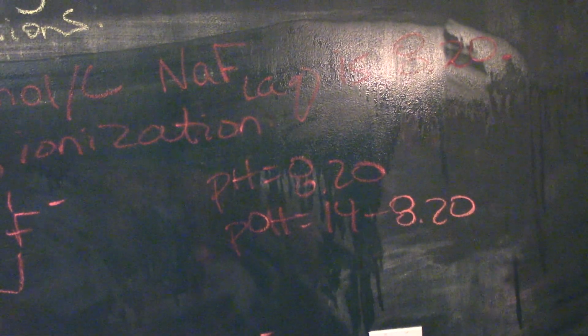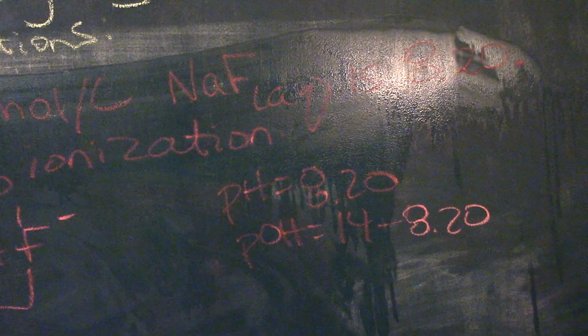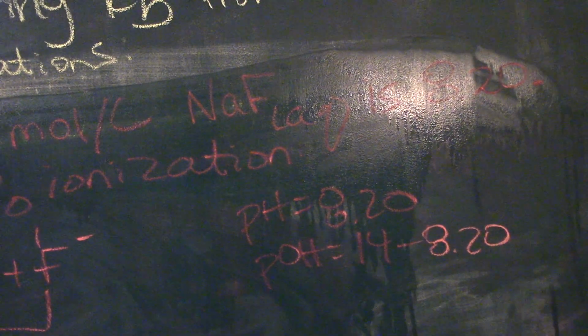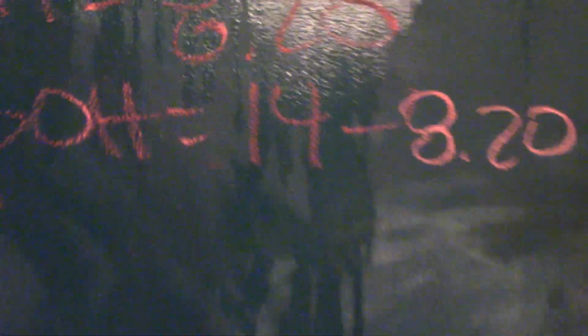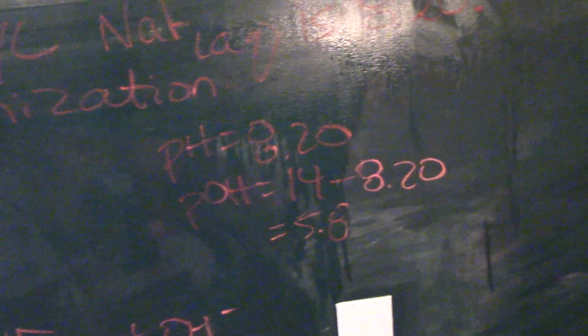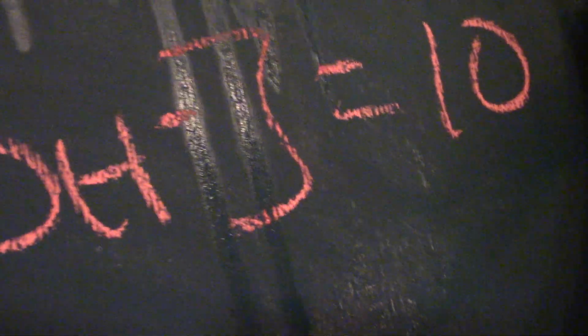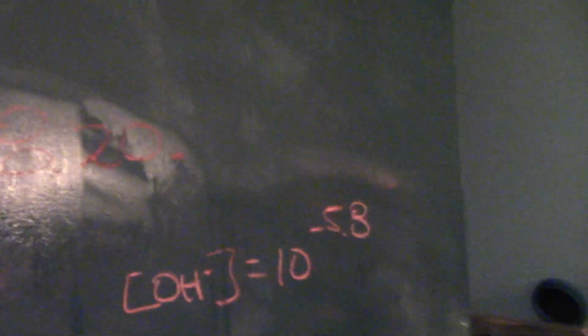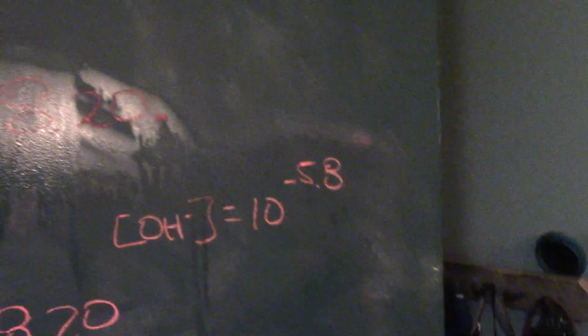So pOH equals 14 minus 8.2, and that's going to give me a pOH of 5.8. Right, so I can solve for the concentration of OH negative, and that's going to be 10 to the negative 5.8.